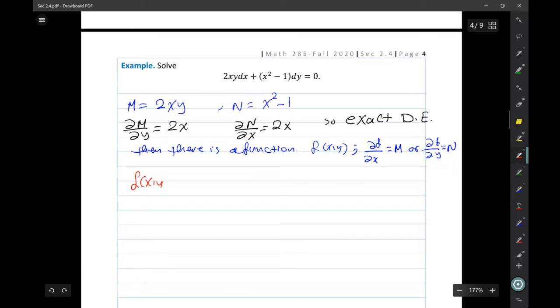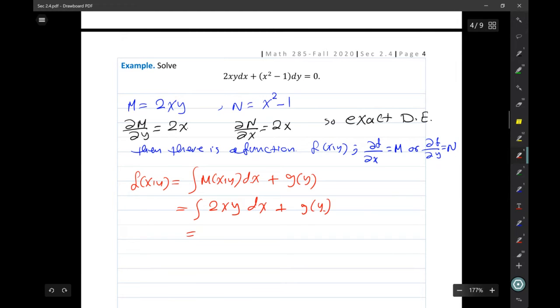Assume that f of x, y will be the integral of M of x, y with respect to x plus the function g of y, which is the integral of 2xy with respect to x plus the function g of y.